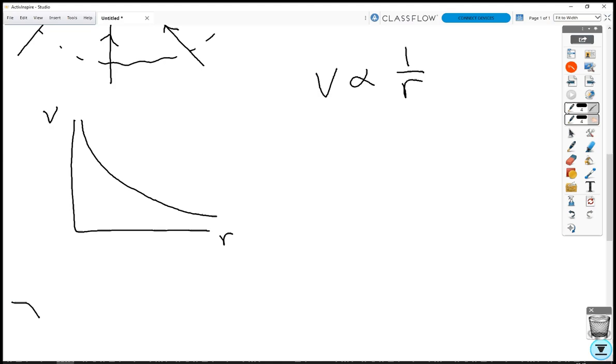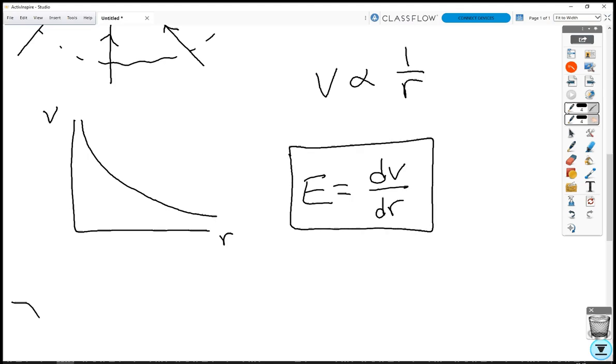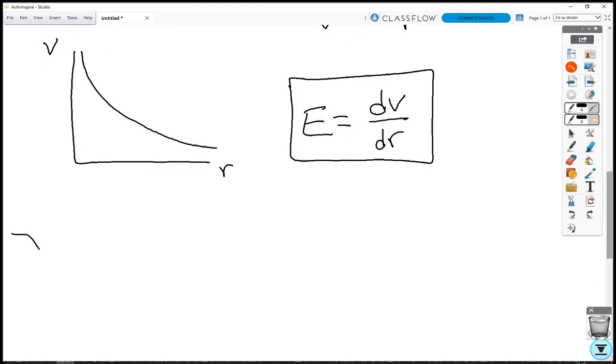And the electric field strength is still dV dr. And if we evaluated that, what we end up with is that E equals Q over 4 pi epsilon naught r squared, but we also get a negative sign that appears as well.